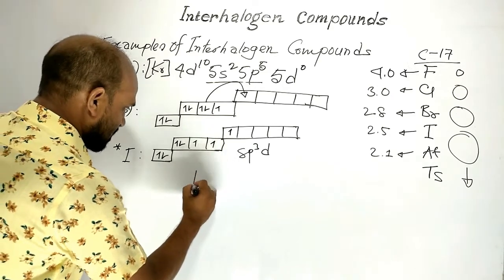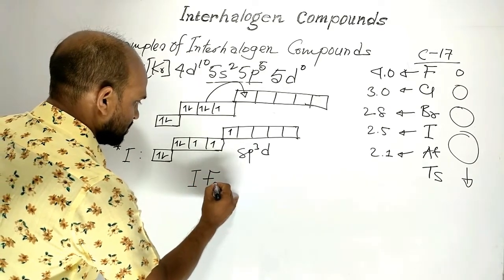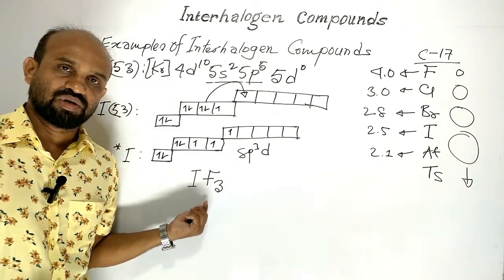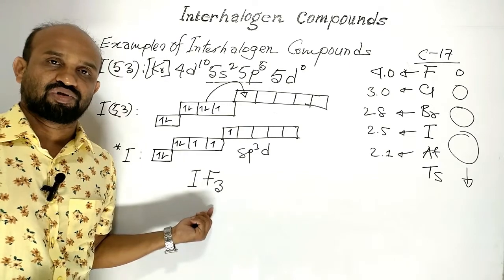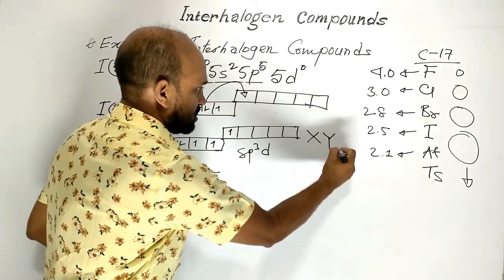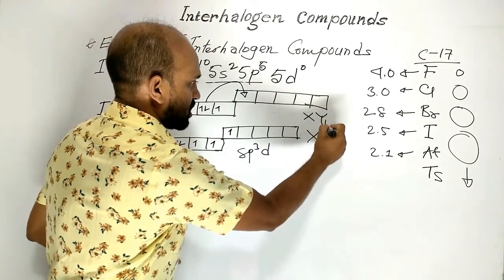So with these 3 unpaired electrons, iodine forms 3 bonds with 3 fluorine atoms, iodine trifluoride. That is, now it is XY3. Previously it was XY1.